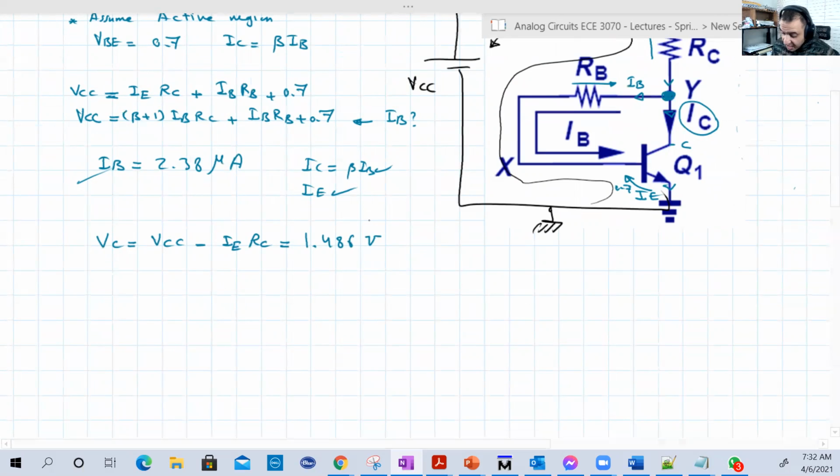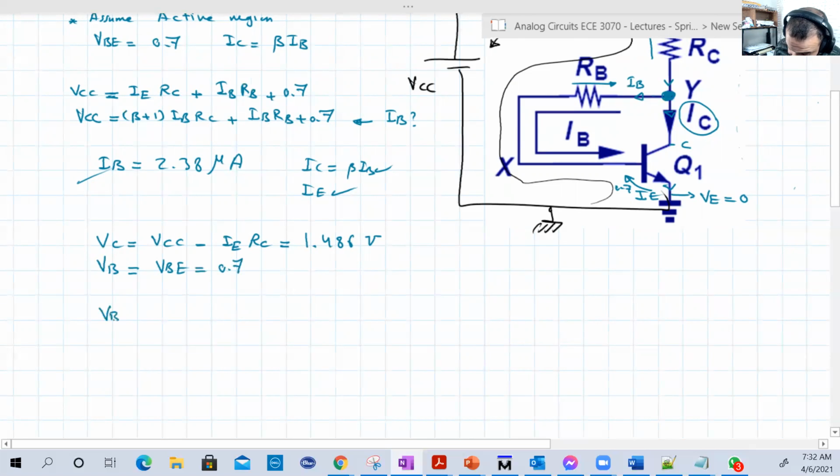That's VC. How about VBE or VB? Look, VE is 0. Remember, VBE is VB minus VE, so basically VB is equal to VBE, equal to 0.7. So VBC, equal to VB minus VC, will be equal to 0.7 minus 1.486.